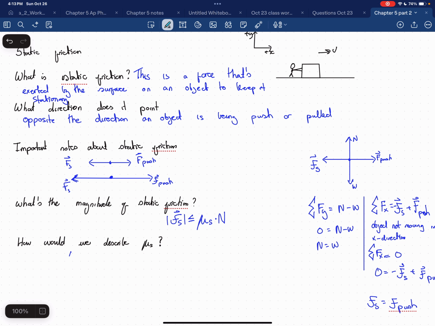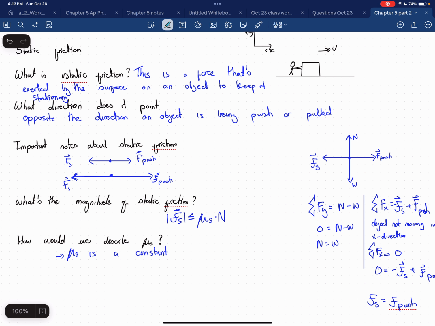First of all, mu sub s is a constant, and it depends on the material of the two surfaces in contact.